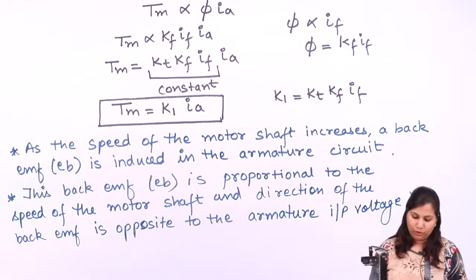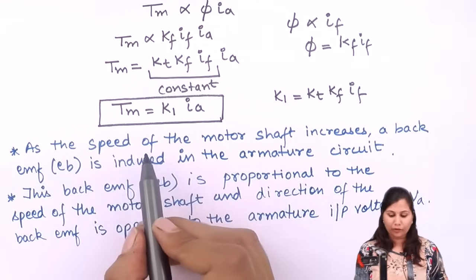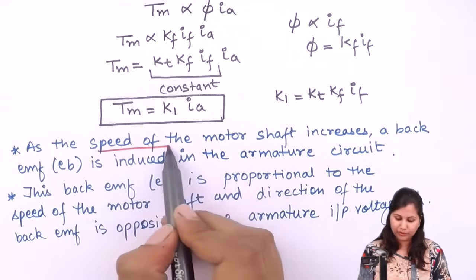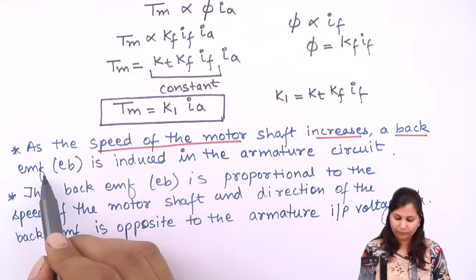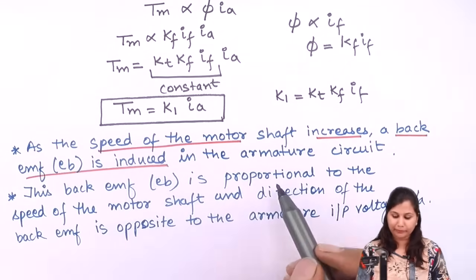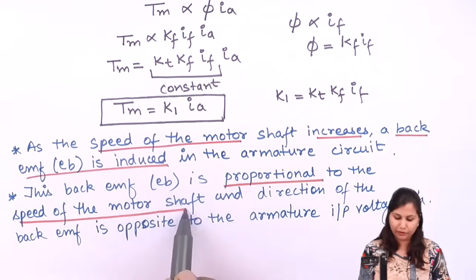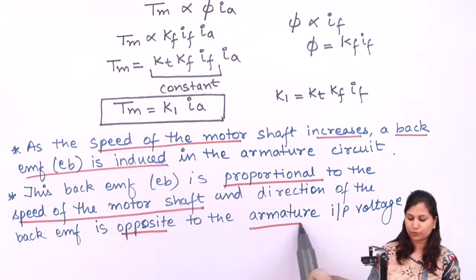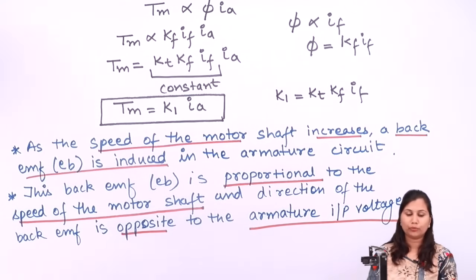Okay, so as the speed of the motor increases, a back EMF will be induced, and this back EMF is proportional to the speed of the motor shaft, and the direction of the back EMF is opposite to the armature input voltage.